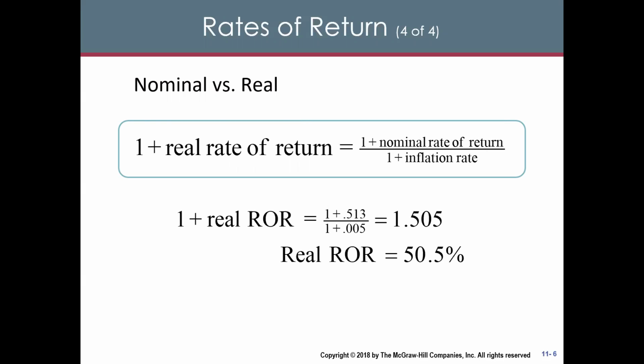So 1 plus 51.3% divided by 1 plus 0.5% gives you 1.501. So 1 plus the real rate of return is 1.501, which means the real rate of return is 0.505, that's 50.5%.